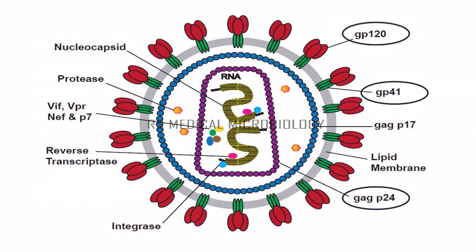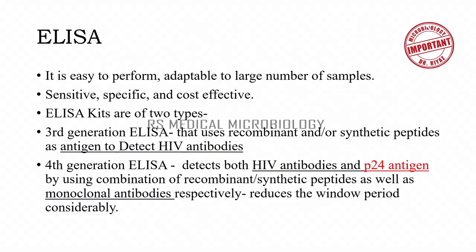Again, just a quick recap. You have these genes which we select: GP120, GP41, and P24. P24 is very important because last time we told you that the reappearance of P24 antigen is an ominous sign. Next is ELISA. We all know that it's very easy to perform and you can do a large number of samples.